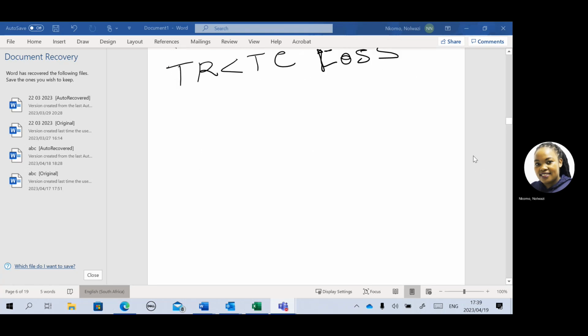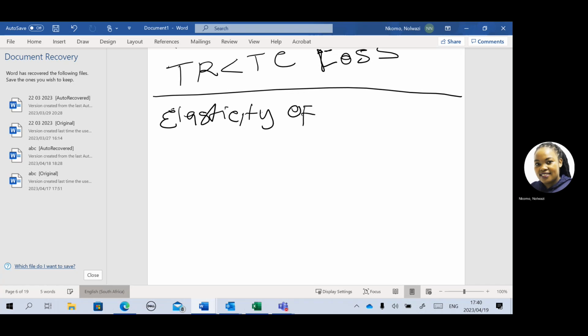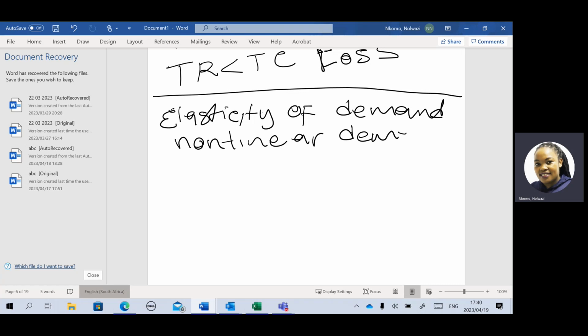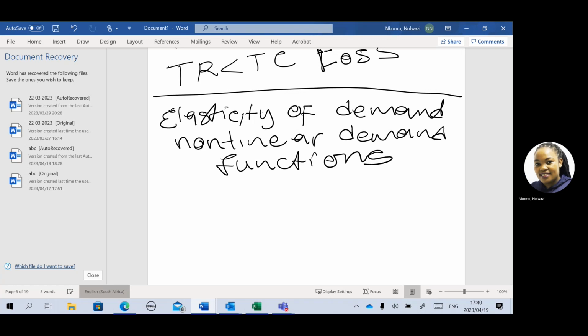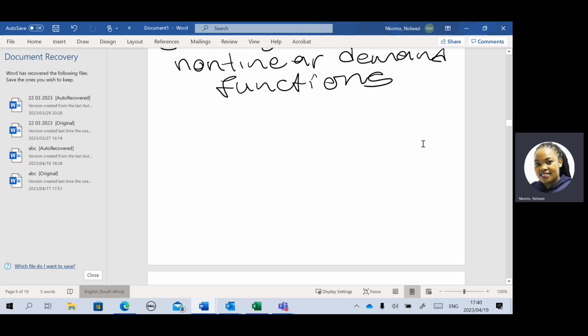Okay, our next section is the elasticity of demand for nonlinear demand functions. Okay, so far we've looked at the concepts of elasticity for linear demand function, right?